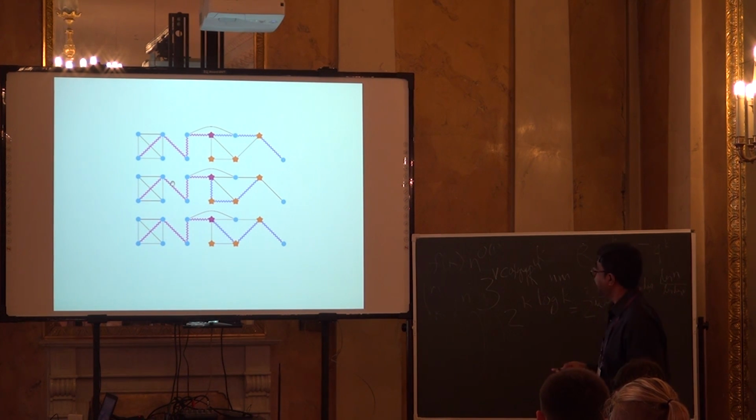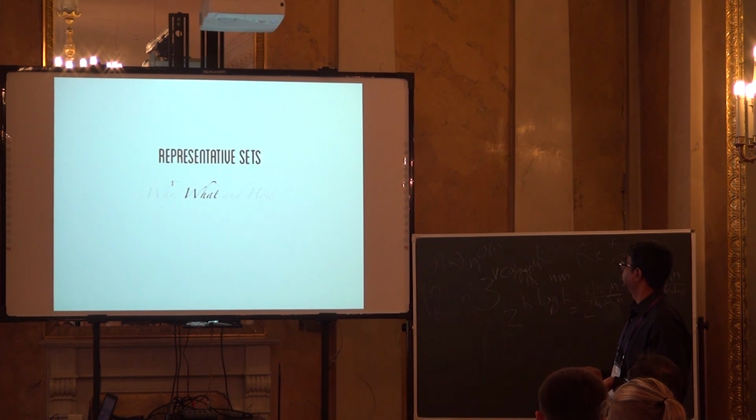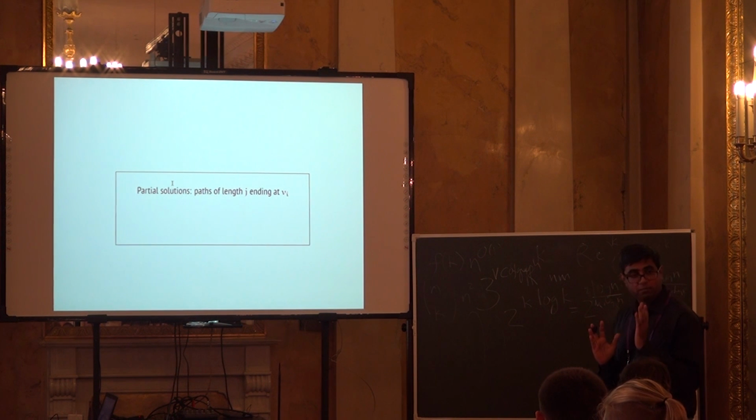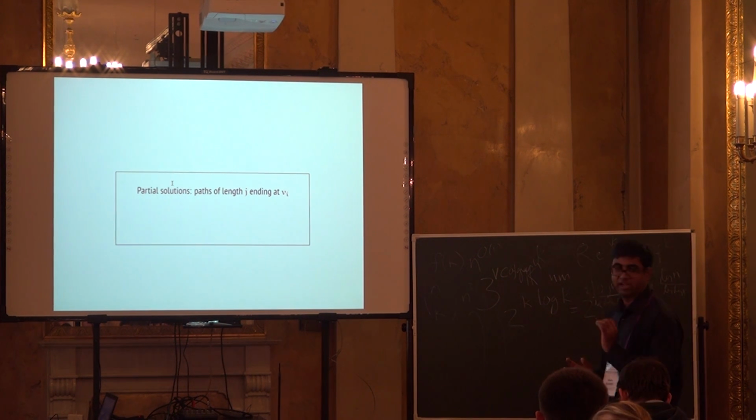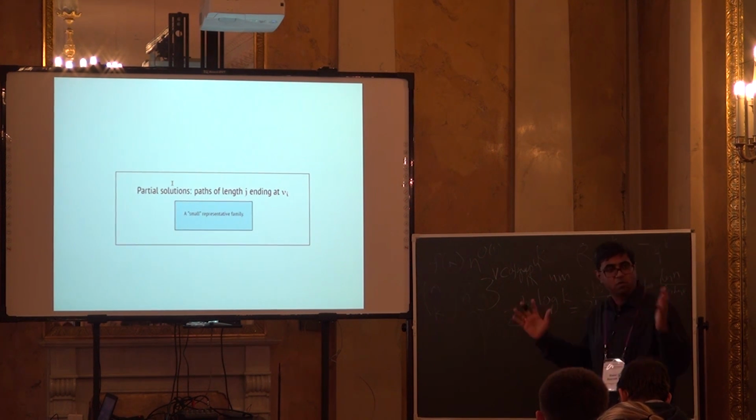So algorithmically, what is the kind of question we are trying to ask? Let's try to understand that first. What are partial solutions? These are paths of length j ending at some vertex vi. What we want is a smaller representative family with the following property.